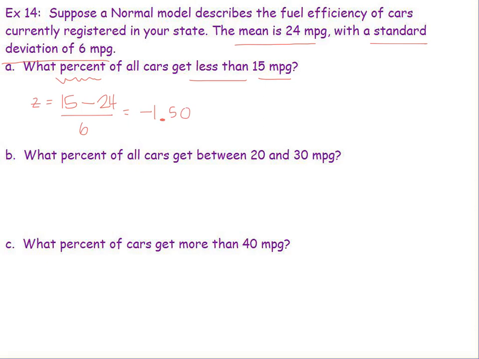So, I'm just drawing a rough sketch, nothing fancy, zero's in the middle, we're over here. This problem was a less than problem, so we're shading to the left. So, this is a good problem, left is good. Go to your blue sheet. Now we're back on the outside. Z-score is outside.